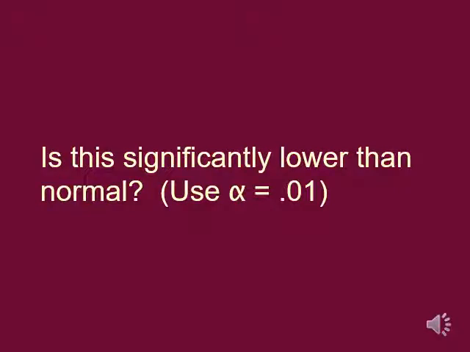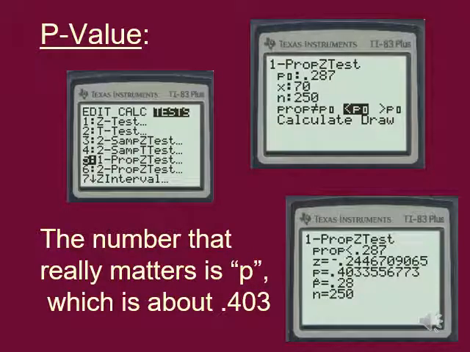And it says use alpha equals 0.01. And again, we go to choice 5 in that test menu. The p0 is what the average has been, which is .287. And again, you got to make sure that decimal point's in there when you enter that. This year, they've got 70 hits in 250 at-bats, and so x and n are those numbers.